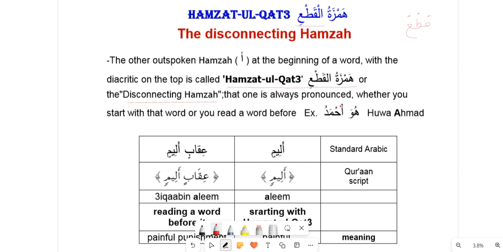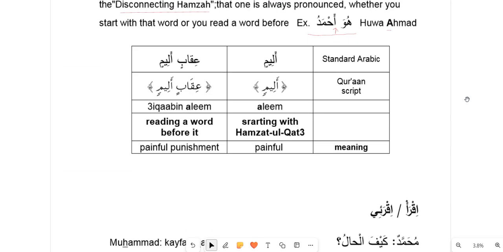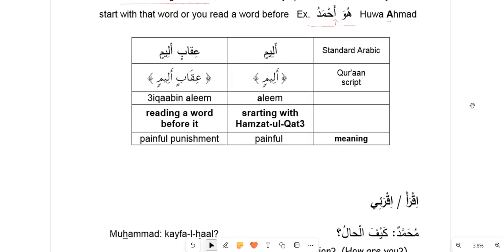For example, they have given here Huwa Ahmad. It is in between two words, but you have to break your recitation. Huwa Ahmad. You can hear the sound of hamza.